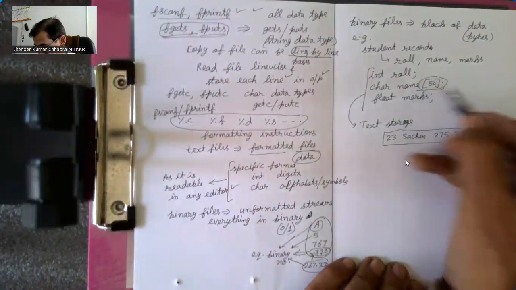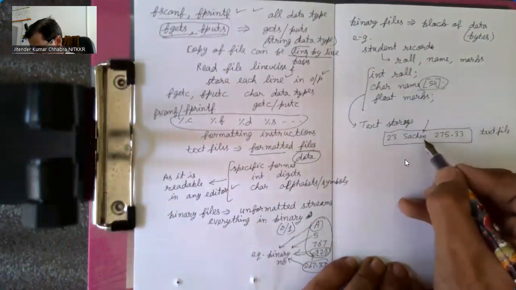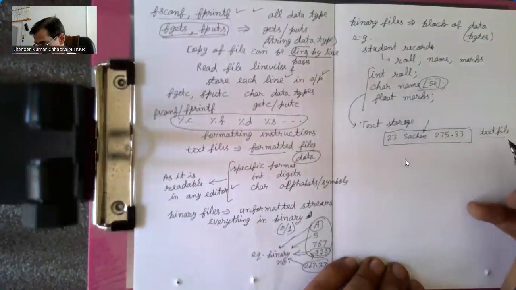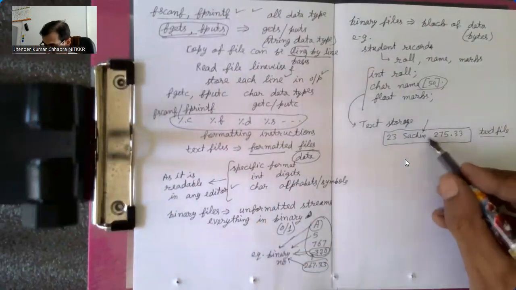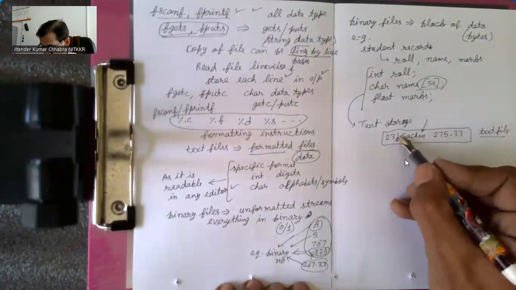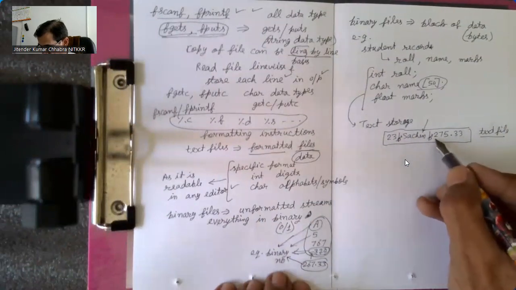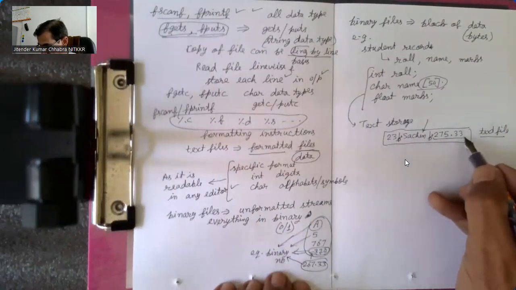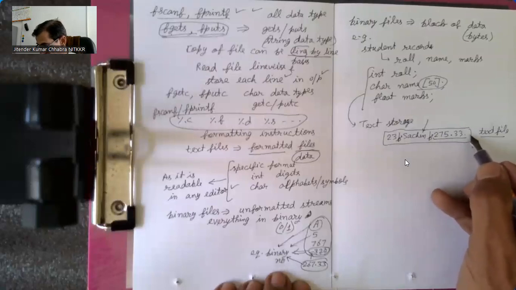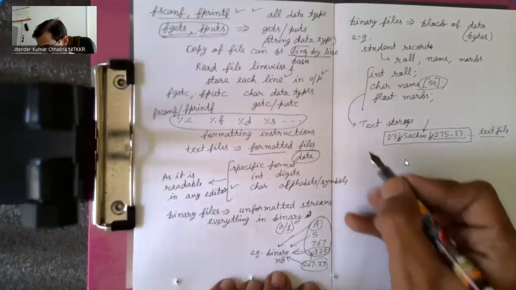Your name has 50 characters, but you have given only 6 characters, so only 6 characters will be stored, and then some separator symbol, such as a blank, to separate the different values. Your float value 275.33 is stored as is. If many digits were there, that many would be stored.